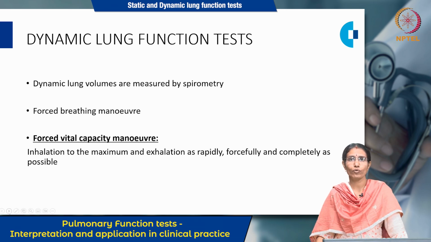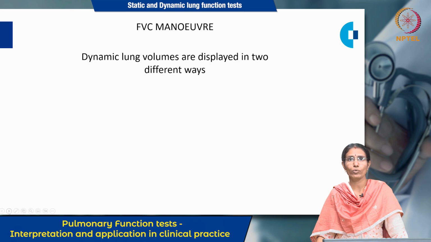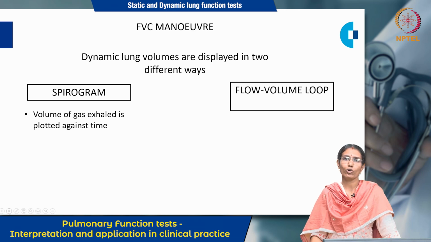So, using this forced vital capacity maneuver, dynamic lung function tests are done. How is the interpretation done after the FVC maneuver? They are interpreted in two different ways, either as a spirogram or as a flow volume loop, or as both. So, what is a spirogram? Here, the volume of the gas exhaled is plotted against time.